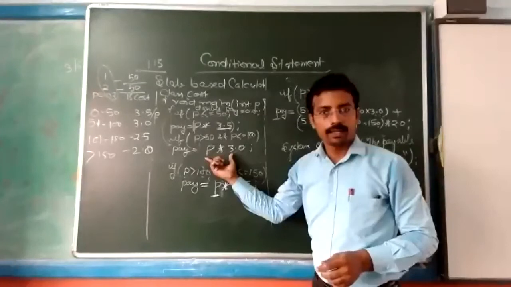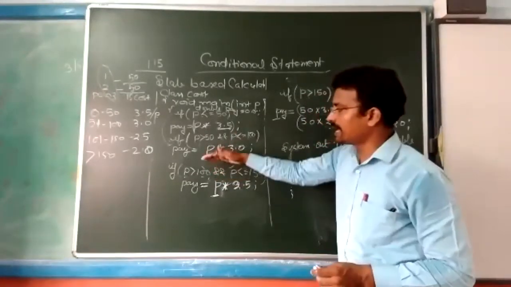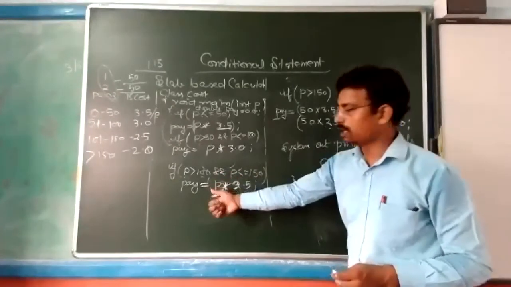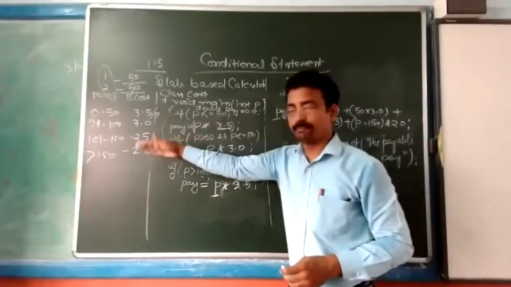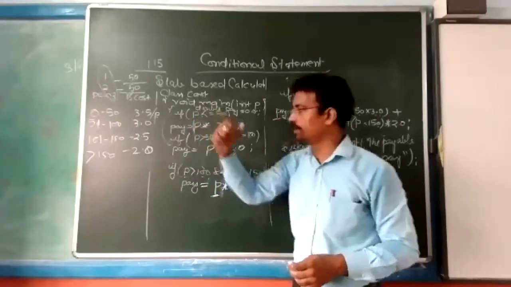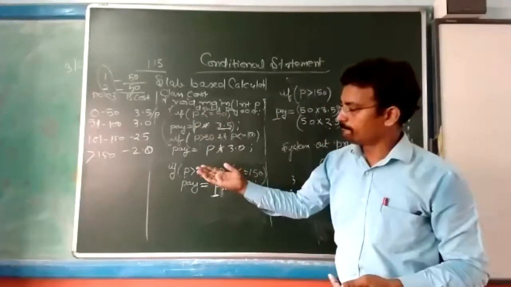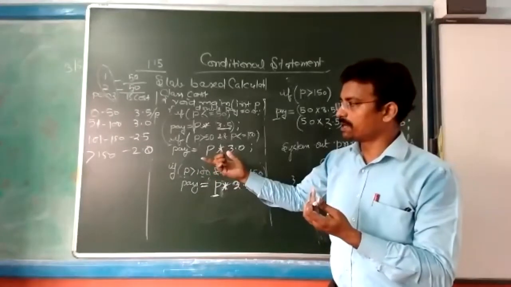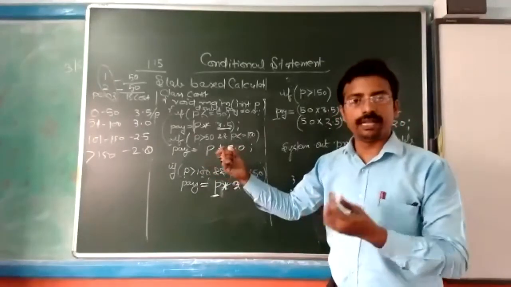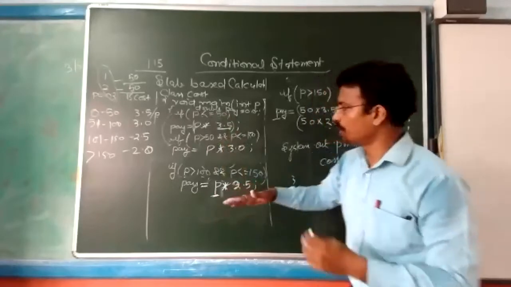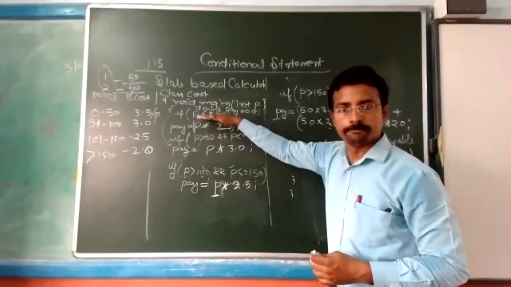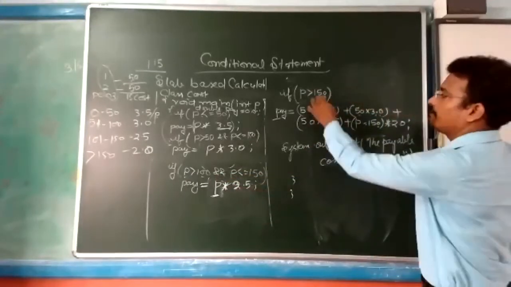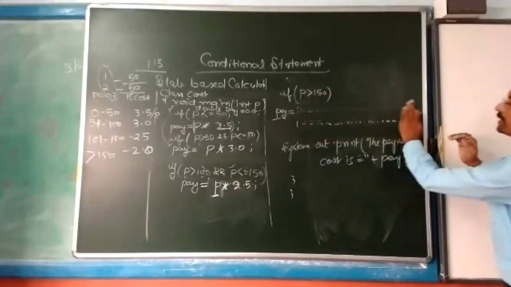Is it okay? So this way direct calculation can be done. Now take this one. Third one we have done. Now if the number of pens purchased is more than 150, like 200 we have taken, then 200 does not belong here, not following this condition, not following this condition, so it will directly fall in this condition. You need not write anything else.